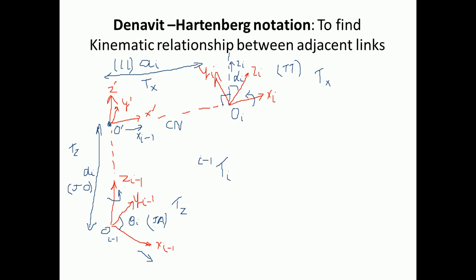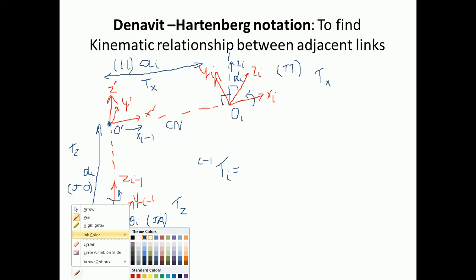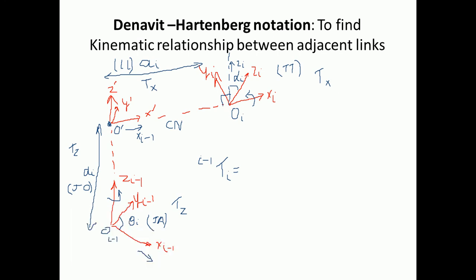The steps followed: the first step is that we do translation in z axis from origin i minus 1 to O dash, and the parameter is represented by di, which is called the joint offset.